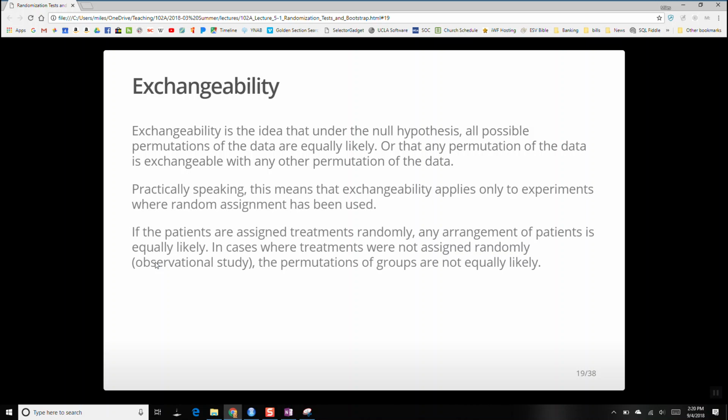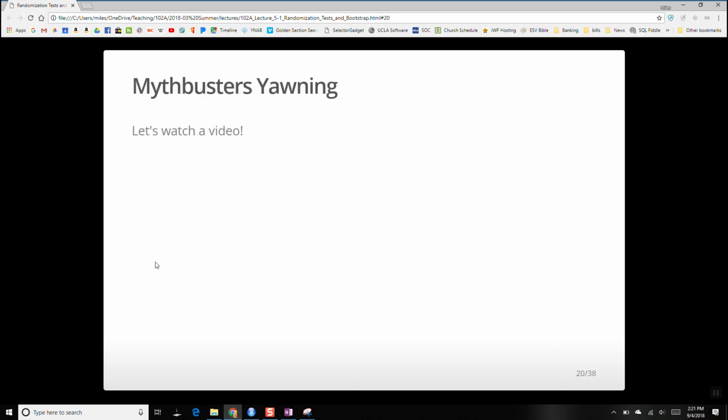So who ends up in which group is not subject to randomness, okay? Who ends up in which group is not exchangeable because that's based on some attribute of the person and not something that was random. Okay, so that's exchangeability.